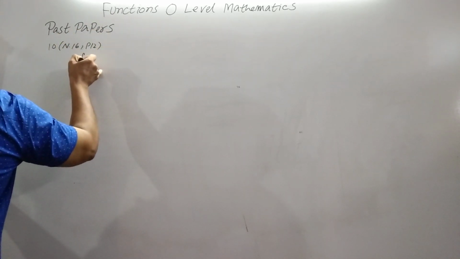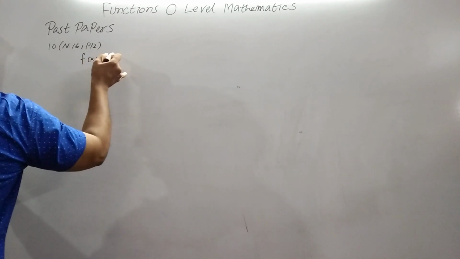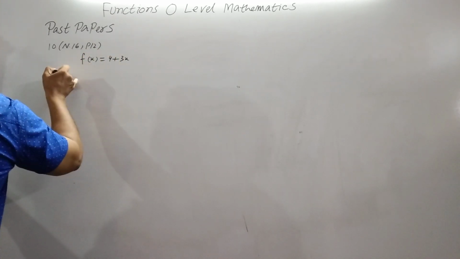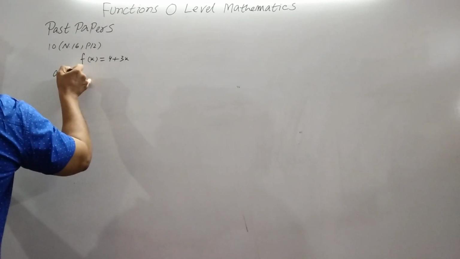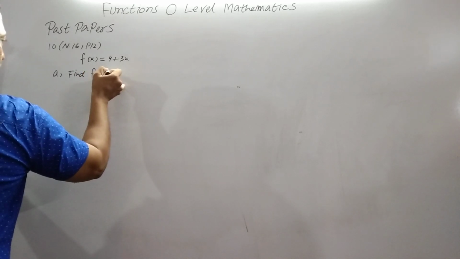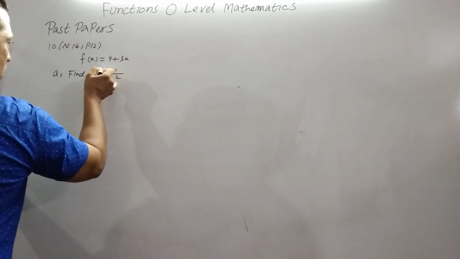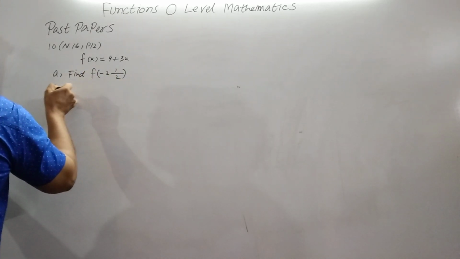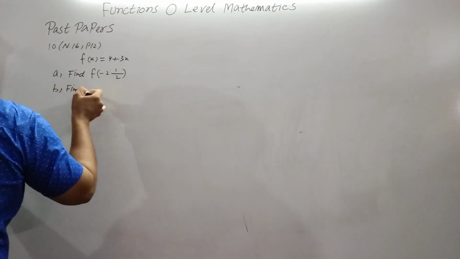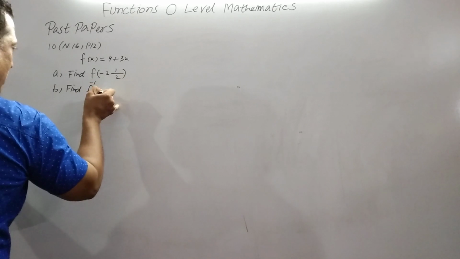The question is: given that f(x) is equal to 4 plus 3x, part A, find f of minus 2 whole 1 over 2, and part B, find f inverse of 5.